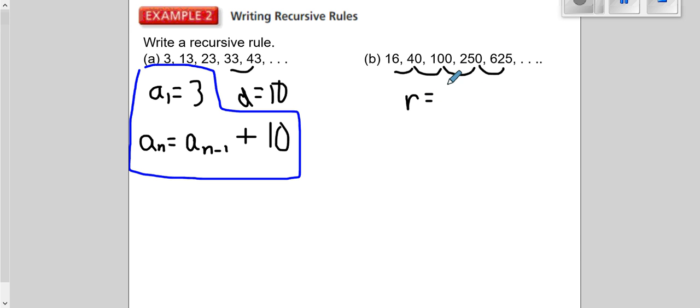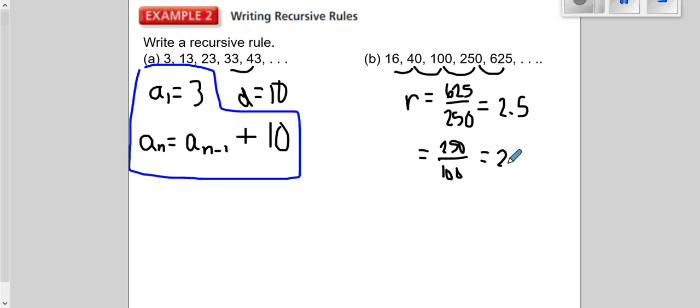If we take a number and divide it by the previous number, we'll get the common ratio if there is one. 625 divided by 250 is 2.5. Now we have to see if we get the same thing for the other ones. 250 divided by 100. Yep, that's 2.5.